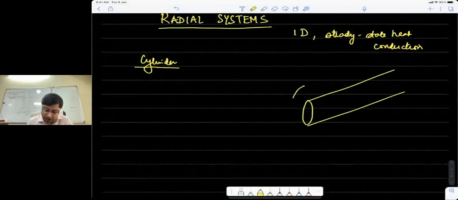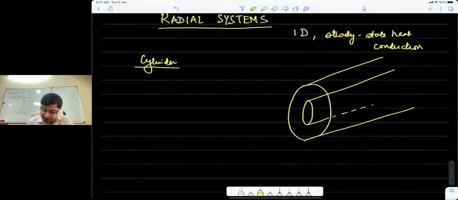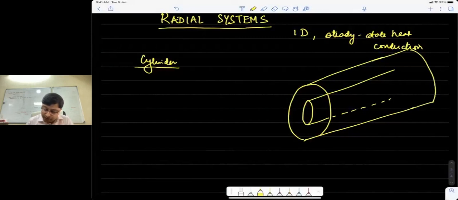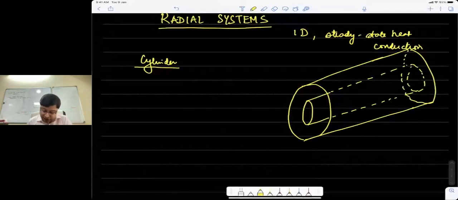So basically the solid cylinder is something like this, and it's a long cylinder which has a solid section.